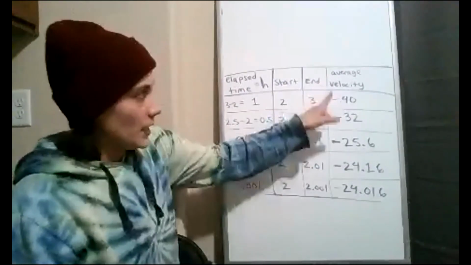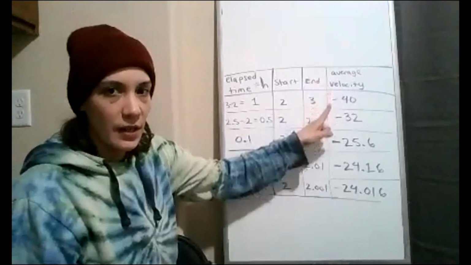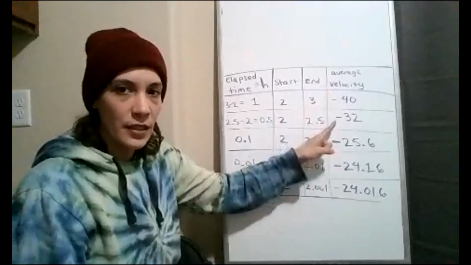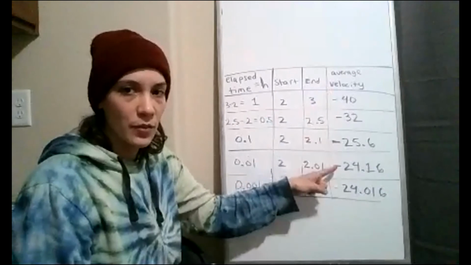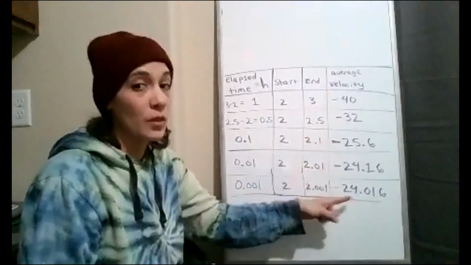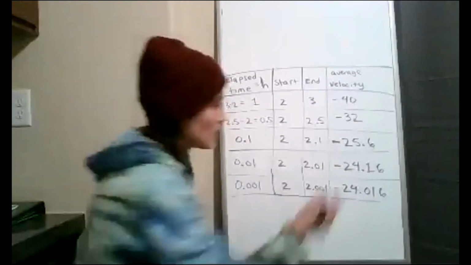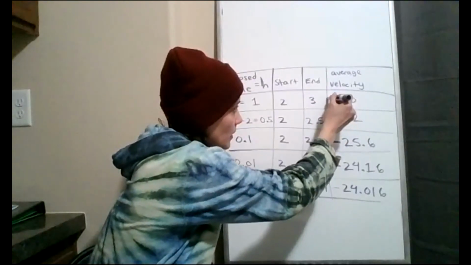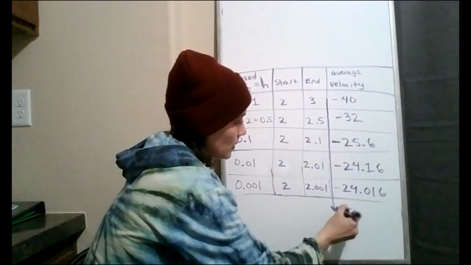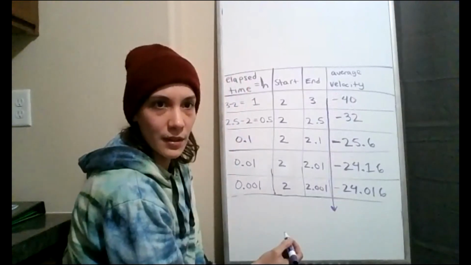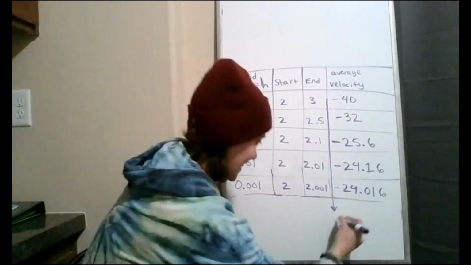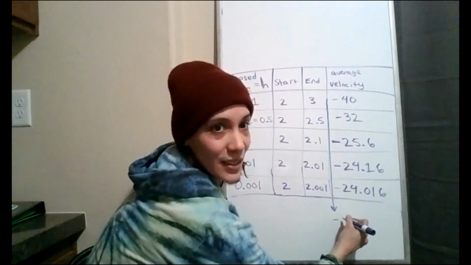Okay, so when we look at this side and we're looking at our average velocities going from 40 to 32, 25.6, 24.16, 24.016, we're approaching, someone want to guess? Down here to negative 24. Yes. Thank you.